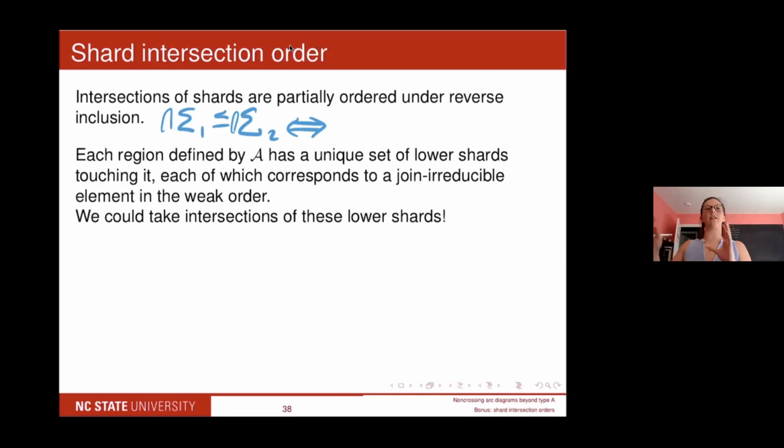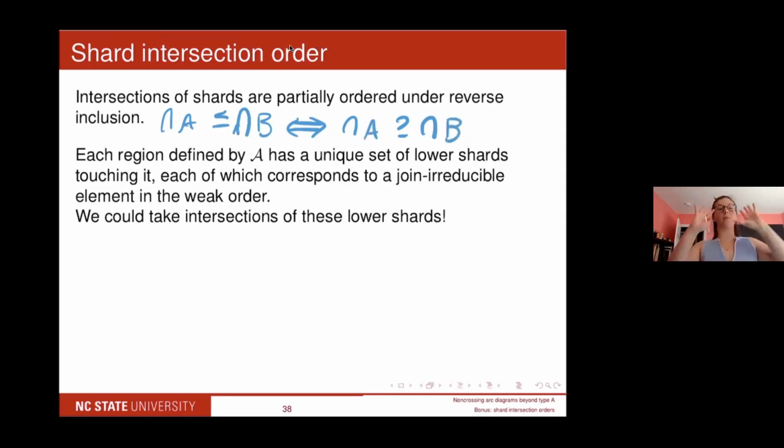One intersection is less than another if and only if that intersection contains the other. I'm going to call them A, and the intersection of some sets of shards.